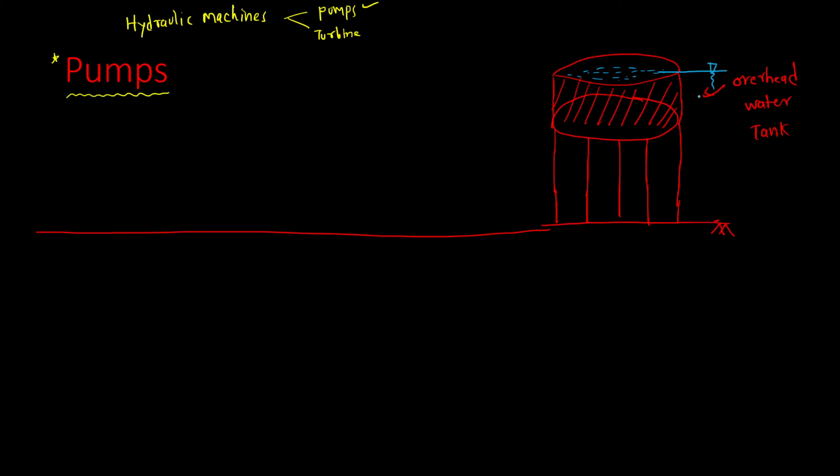Now if a particular building is there, let's say this is a two-story building, and the height of this building is 10 meter. So this is the ground floor, this is the first floor and second floor.